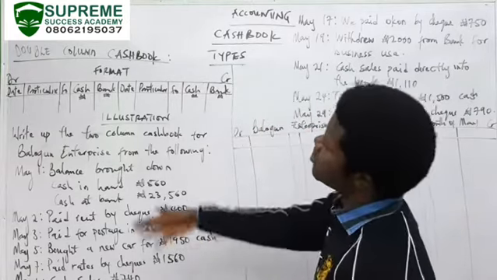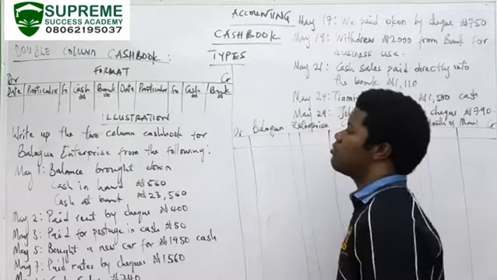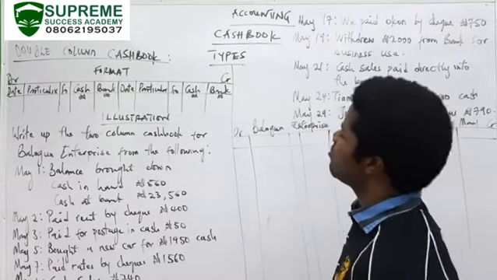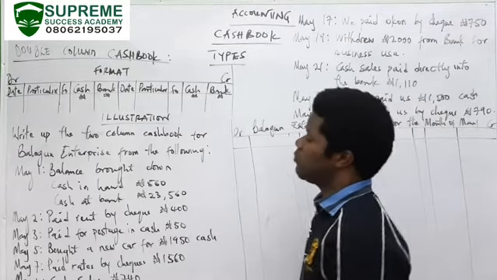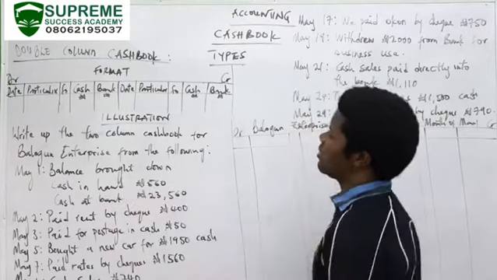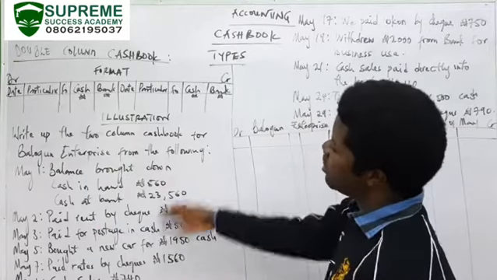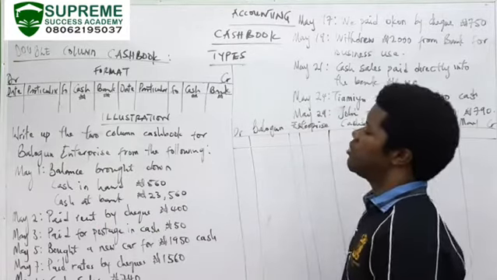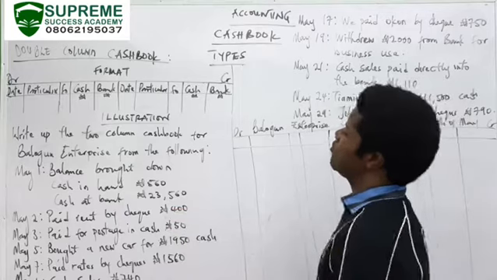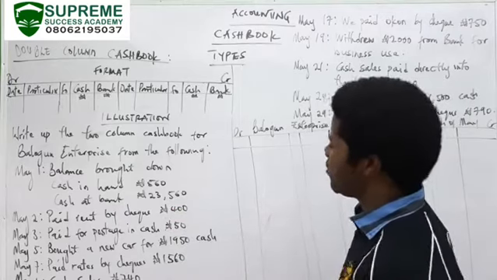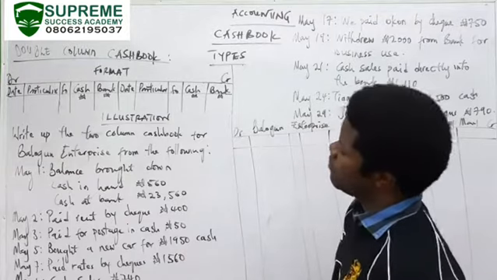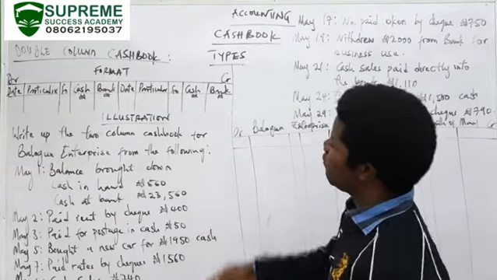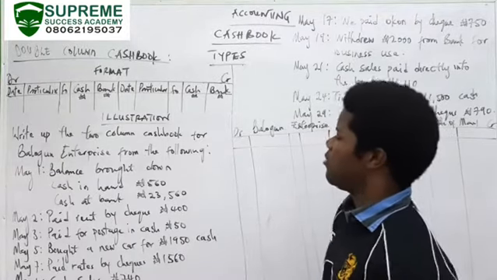So the illustration says, write up the two column cash book for Balogun Enterprise from the following. 1st of May, the balances brought down: we have cash in hand 560, we have cash at bank 23,560. And then on the 2nd of May, rent paid by check 400.